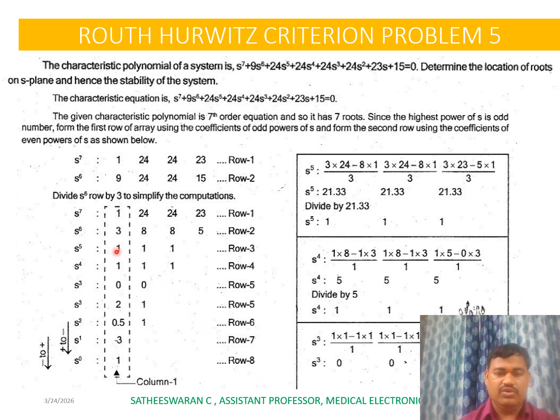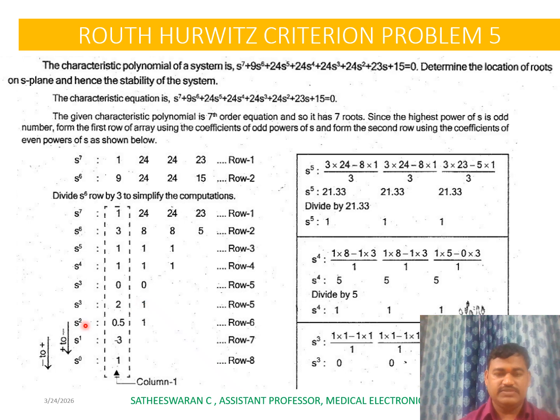If you differentiate with respect to s, 4s power 3 plus 2s. Dividing 4 and 2 by 2, we get 2 and 1. So the s power 3 row can be written as 2 and 1.